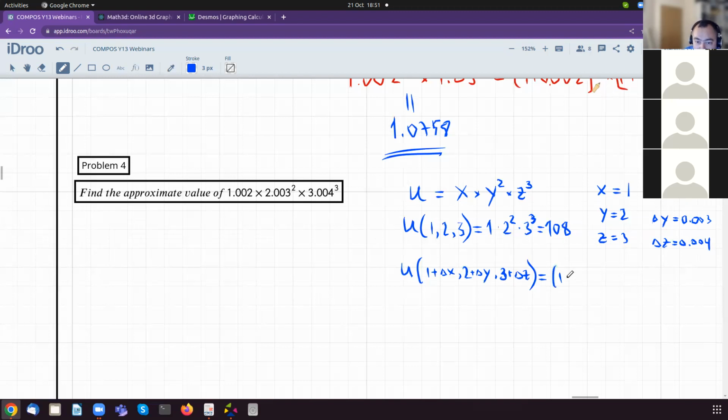So it's going to be 1 plus delta x, times 2 plus delta y squared, times 3 plus delta z to the power 3. Okay, bear with me.